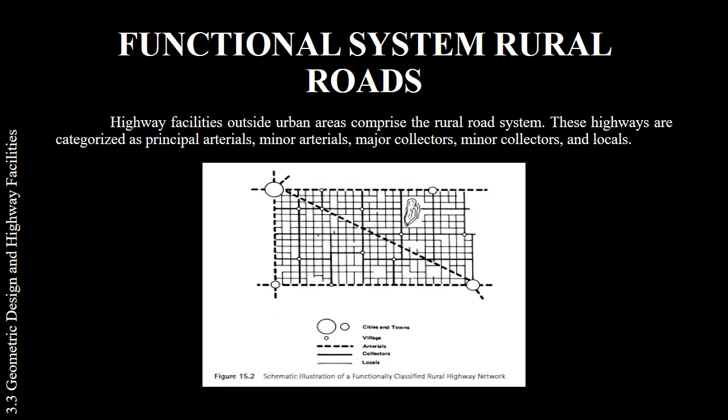The cities and towns are located near the end or the outside part of the picture because these are rural roads. Therefore, there is limited population.